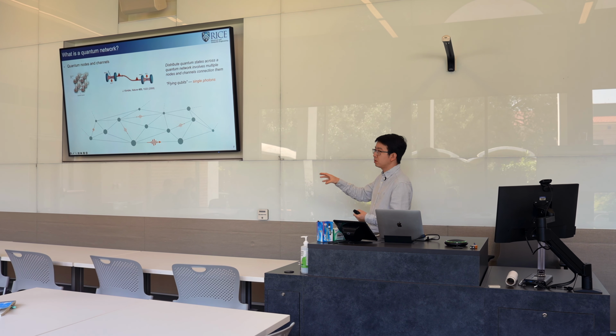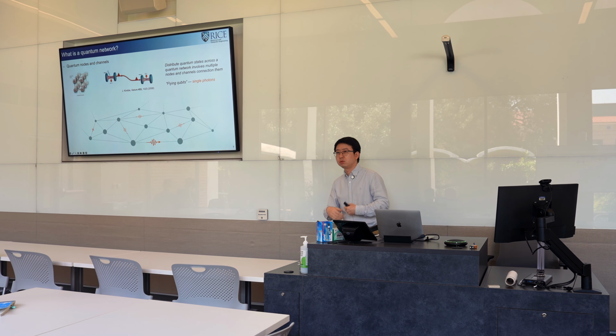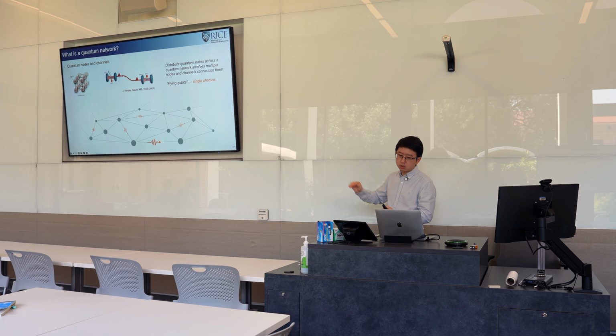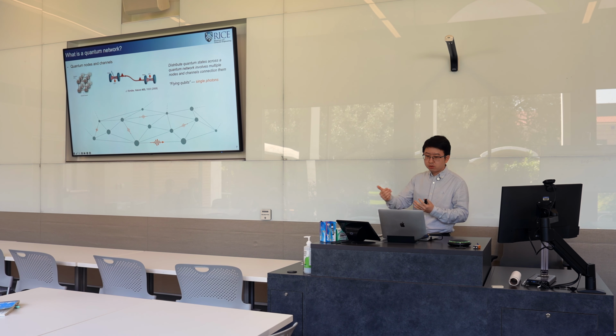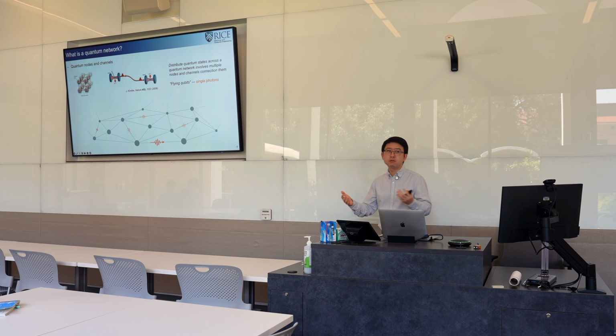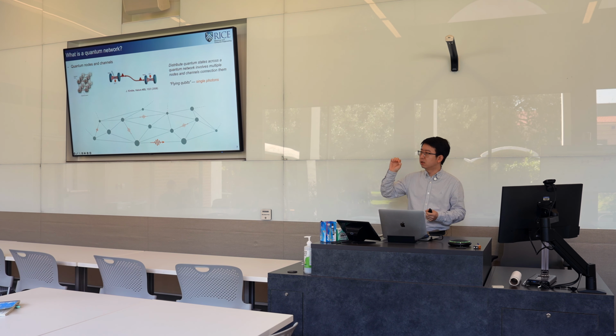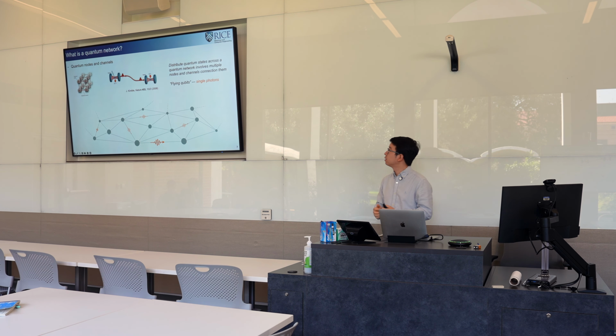You have the nodes, but now instead of classical nodes, you have quantum nodes. We'll learn a little bit later why we call them quantum nodes. And then you have channels connecting them. This can be fibers or even just free space. You can send a laser beam. If it's free space, with no obstacles, the laser beam can reach from A to B.